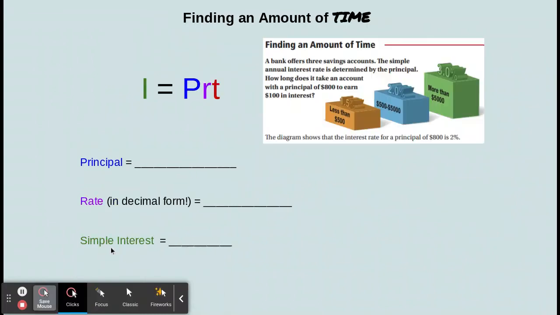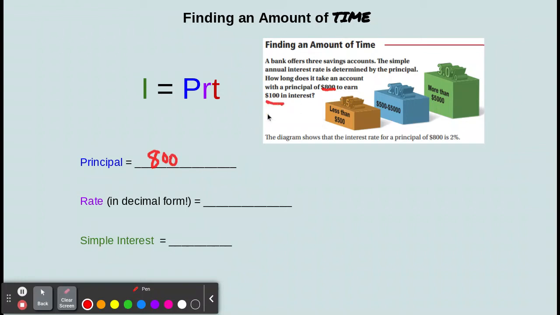Okay, so the other thing we can use this formula for is to find the amount of time. So in our bank account, we have a principal of $800, and we earn $100 in interest.